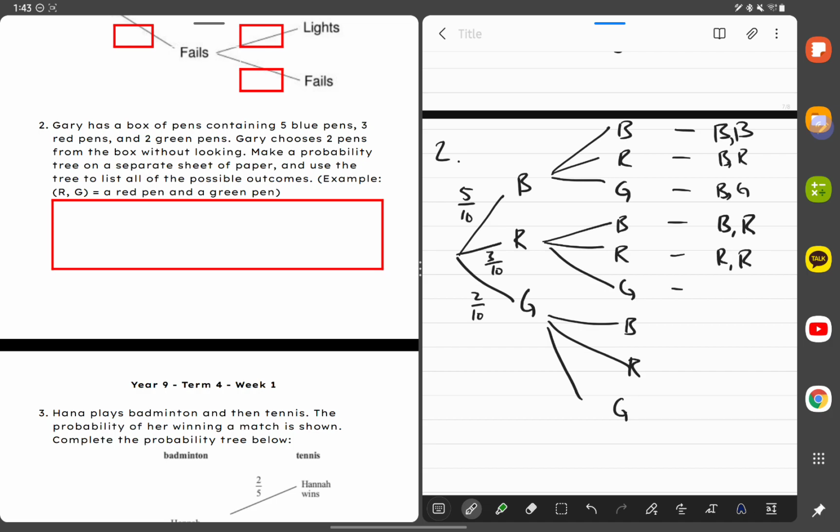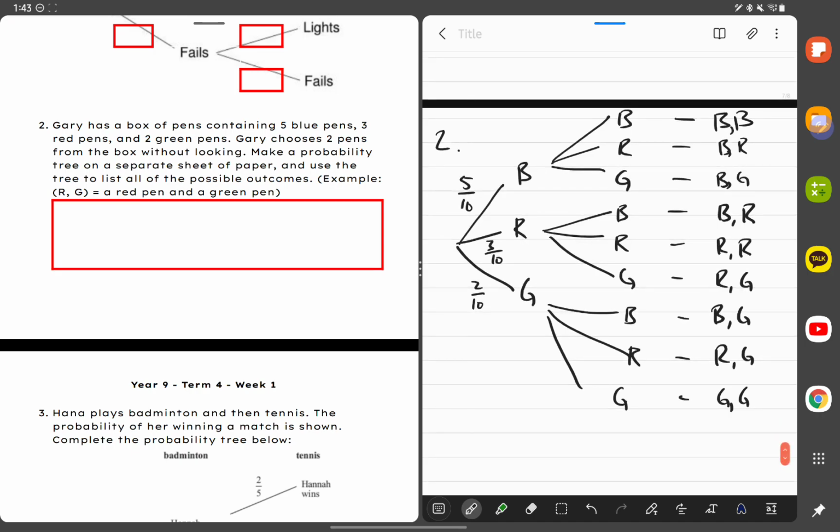Red and red, red and green, blue and green, red and green, green and green. Cool. So the actual question, we've answered it right here: the list of all the possible outcomes, which is why I wouldn't bother with the probabilities that much.